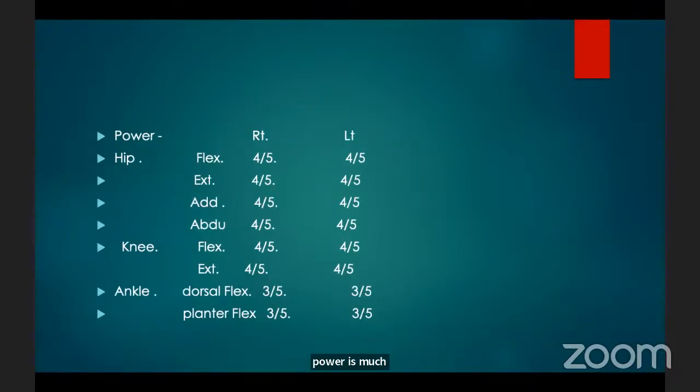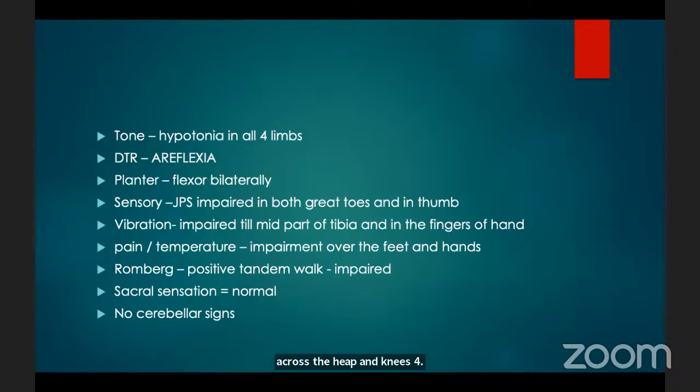In the lower limb, the power across the ankle is 3/5 and across the hip and knee is 4/5, with hypotonia, areflexia, and plantars bilaterally flexor. In the sensory examination, JPS is impaired in both great toes and thumb, and in the upper limb also. Vibration is impaired till the mid part of the tibia and in the fingers of the hand. Pain and temperature are also impaired over the feet and hands, Romberg is positive, and tandem walk is impaired.